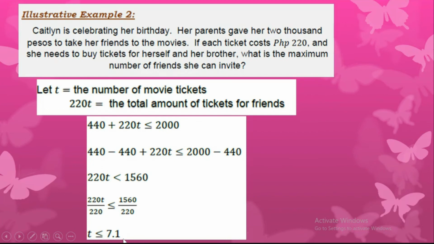But since we cannot buy a fraction of a ticket, that means Caitlin can only invite at most 7 friends. So that ends our discussion for linear inequalities in one variable.